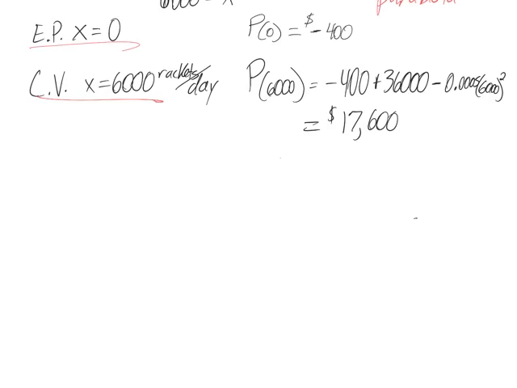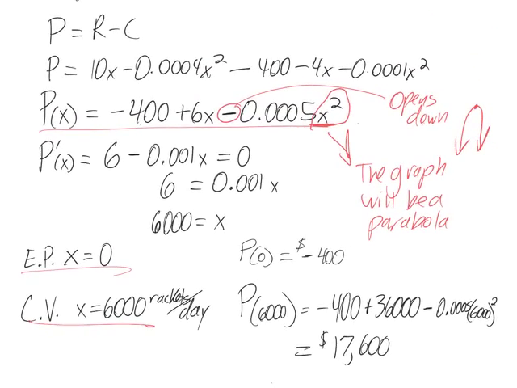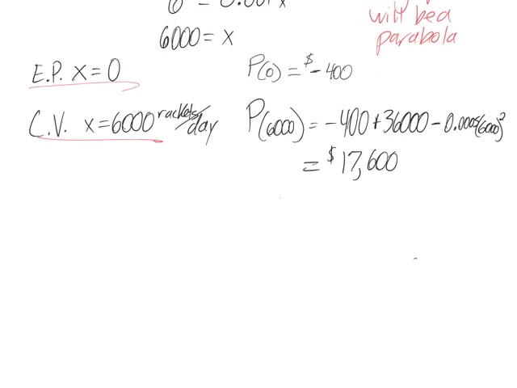As I mentioned, we already see that that is our maximum because we can tell that from the parabola. We know it's going to be a parabola because it's quadratic. Since that leading term, the x squared term, is negative, it tells us it opens down. So whatever we find for the critical value will be the absolute maximum of this particular problem.